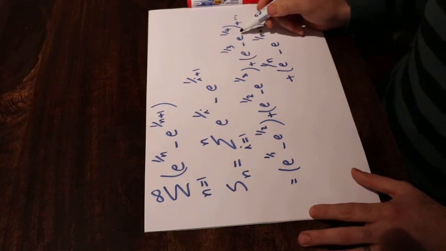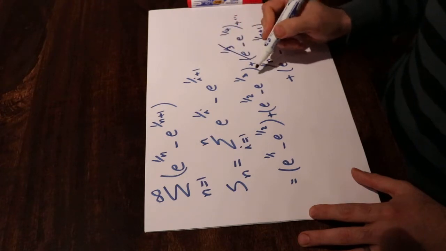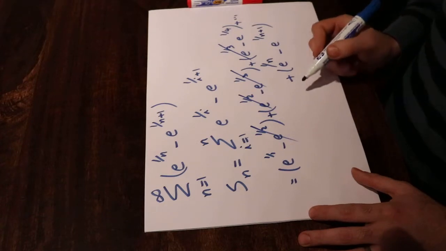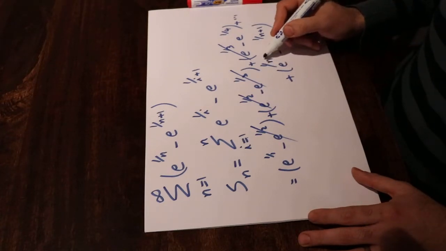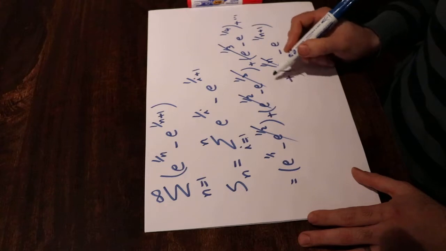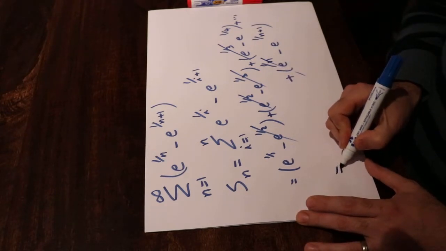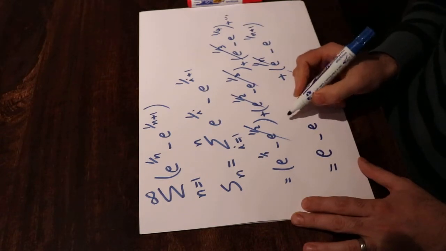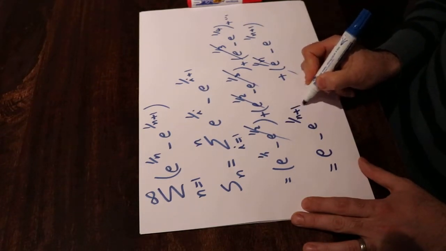As you can see here, this term is cancelled by this term. This term is cancelled by the previous term, and e^(1/n) will be cancelled out as well by the previous term. So all that is left is the first term, which is e, minus the last term, e^(1/(n+1)).